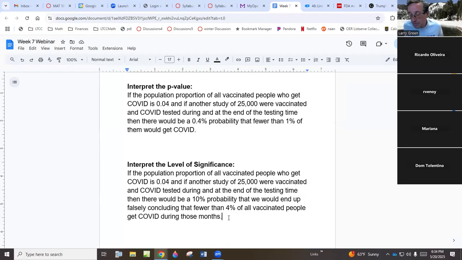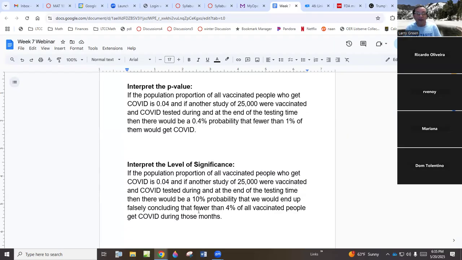This is a real example. I consider this the most important example in the last 10 years at least of any hypothesis test. Maybe you may not agree, and that's okay, but I think this was a biggie, making sure that the vaccination worked.